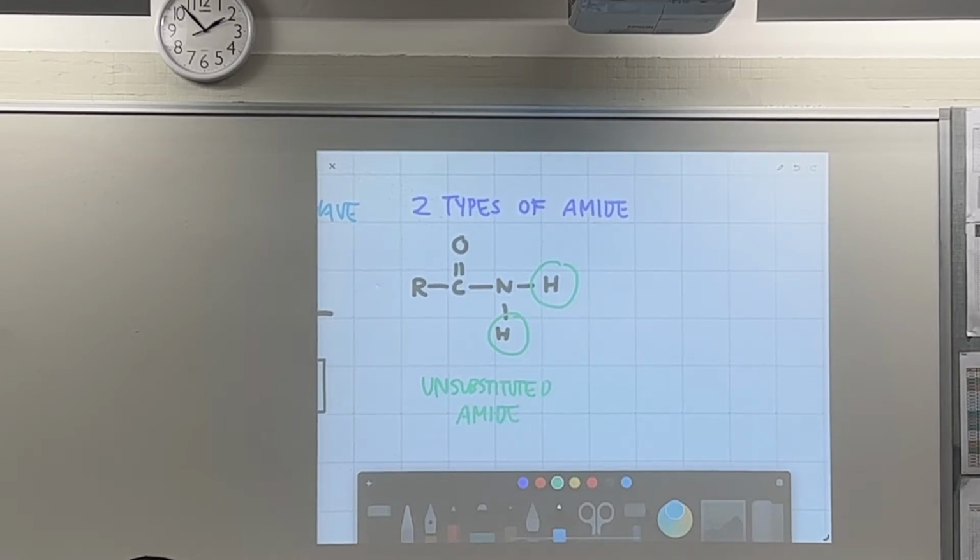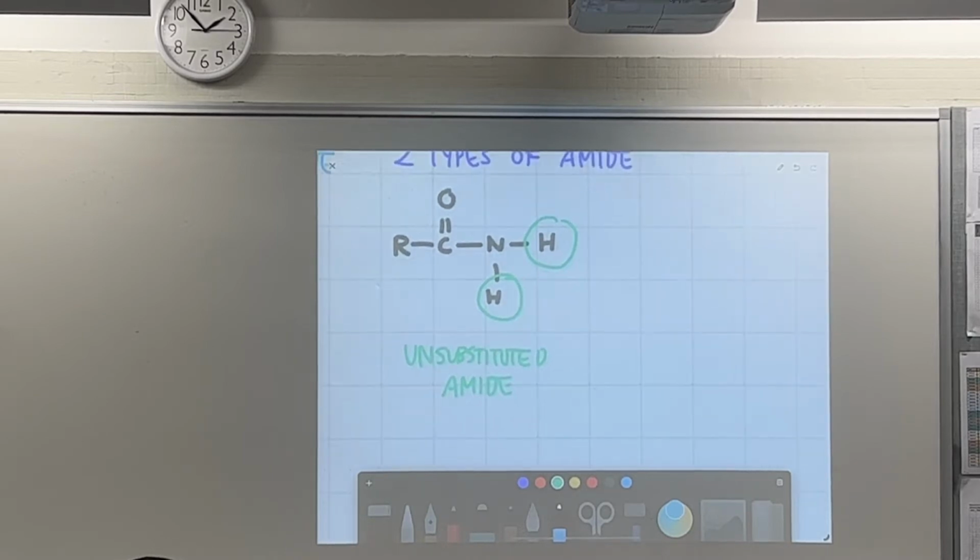But because these are not alkyl groups, these are just hydrogen, we call them unsubstituted amide. By these, I mean these two.